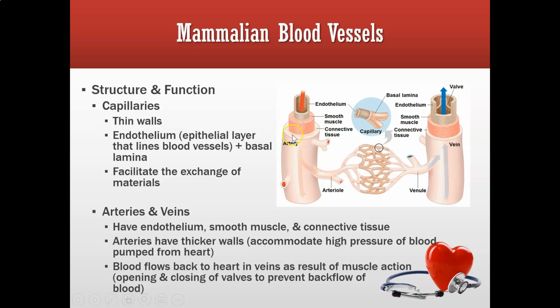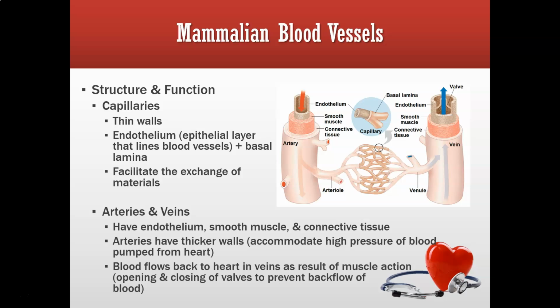If you look, your arteries have an incredibly thicker layer of smooth muscle and connective tissue compared to your veins, and that's on purpose. We need to be able to handle the high pressure of your blood pushing that blood through those arteries to your body. So we need to accommodate that much higher blood pressure that you're going to see in those arteries, which is why nicking something like your femoral artery, you'll actually see it spurt, right?